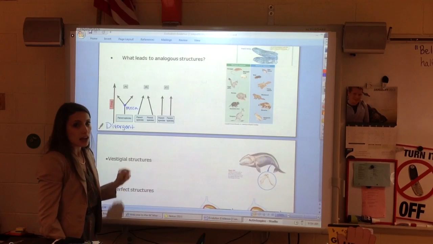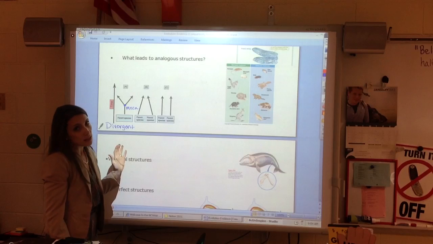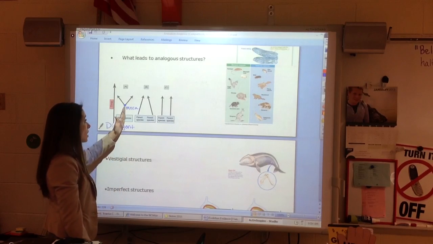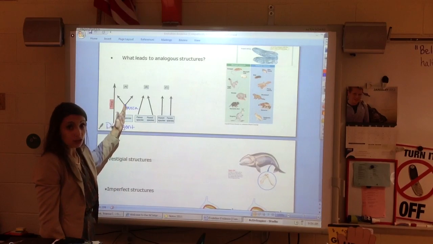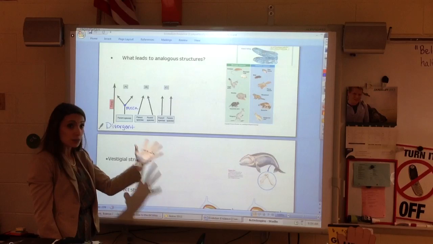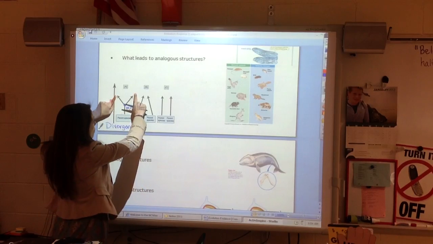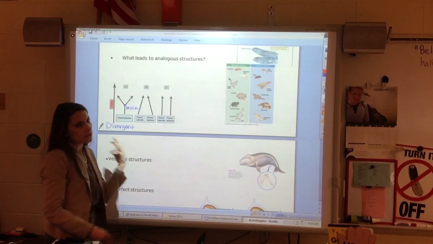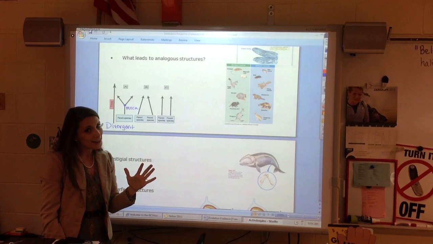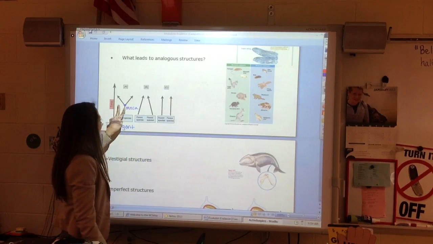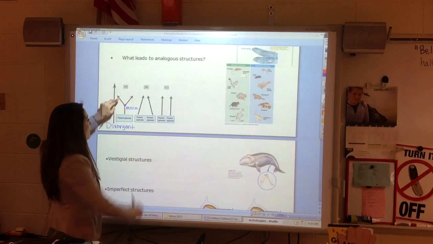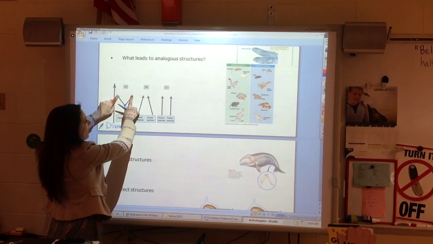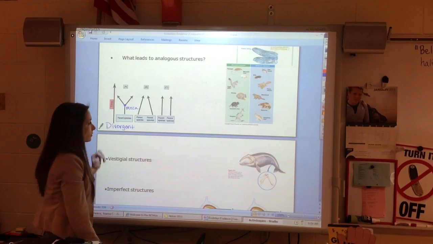So when we look at the cat and the horse, they shared a common ancestor. That common ancestor had that type of bone arrangement. And then as the cat and the horse diverged over time, living in different environments, of course at that point they weren't a cat and a horse. They evolved in different paths, and that's how we got to the cat and the horse.